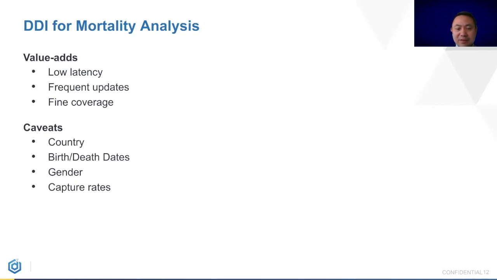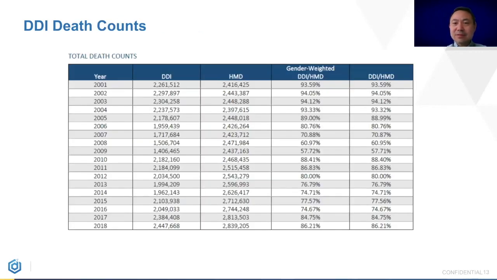Lastly, another caveat is the capture rates of the database. The DDI seems to under-capture death counts across calendar years as well as across age, and we'll provide some detail on the next slide. Next slide, please. So as you see, this table compares the DDI annual death counts to those from the Human Mortality Database. If you look at the right-hand two columns, you'll see that the DDI captures the majority of the deaths, especially in recent years.